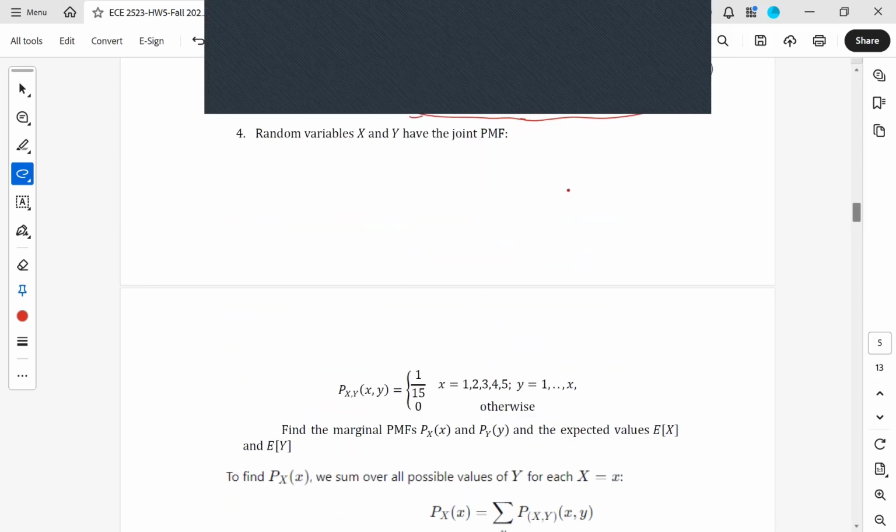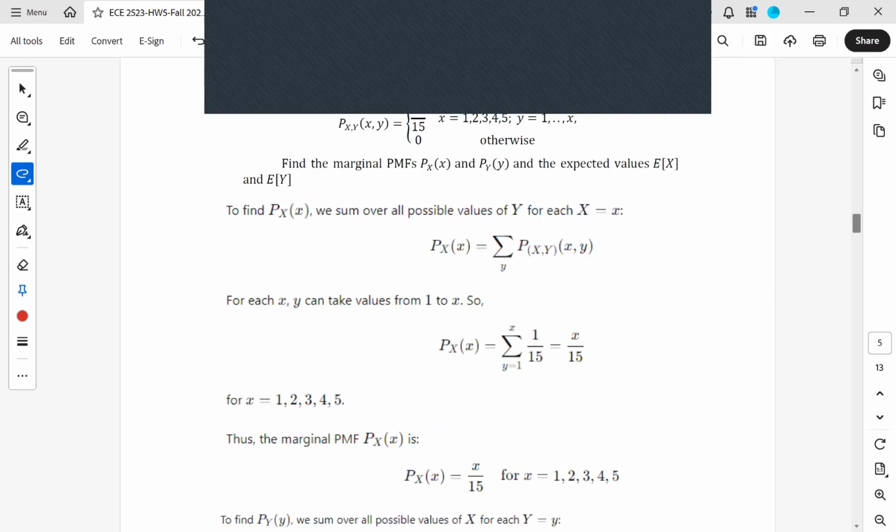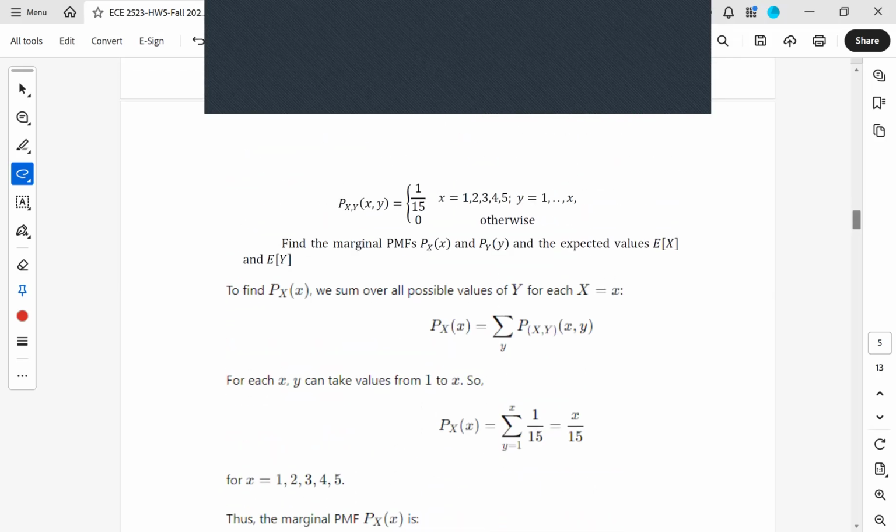In question number 4, we had, again, joint random variables X and Y, and the question already gave us the PMF for that joint random variable. If you look at the PMF, you would easily find that X is taking its values independently.